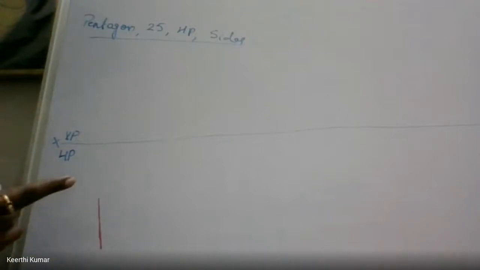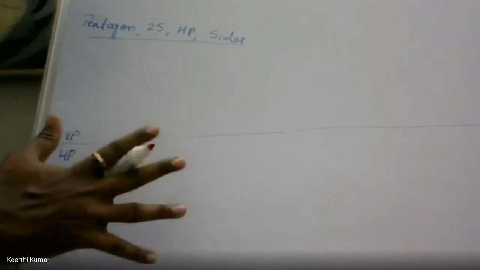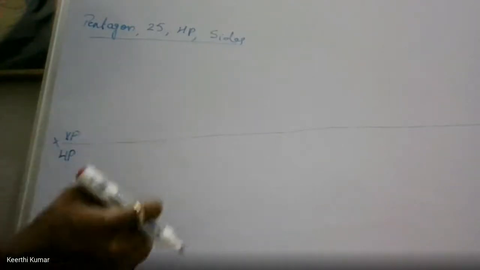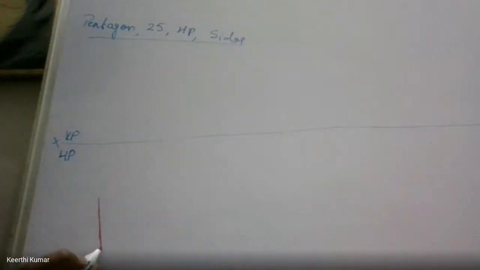This is done. Then you concentrate here. Pentagon means we want 5 sides, so 360 by 5 will be 72 degrees. I'll keep the protractor here and draw a line. Outside angle should be 72 and inside angle should be 108. Understand this.